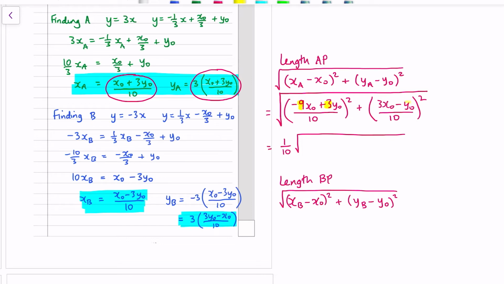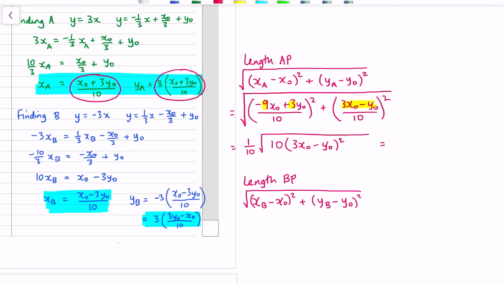It's 3x naught minus y naught, but it's in a square, so it doesn't matter if it's the wrong way around. So if I pull a 3 out of the first one, it's going to give me 9 plus another one. I'm going to get 10 lots of 3x naught minus y naught all squared. So the 10 comes out of the square root as root 10, divides by the 10, I get 1 over root 10, and then I've got 3x naught minus y naught.